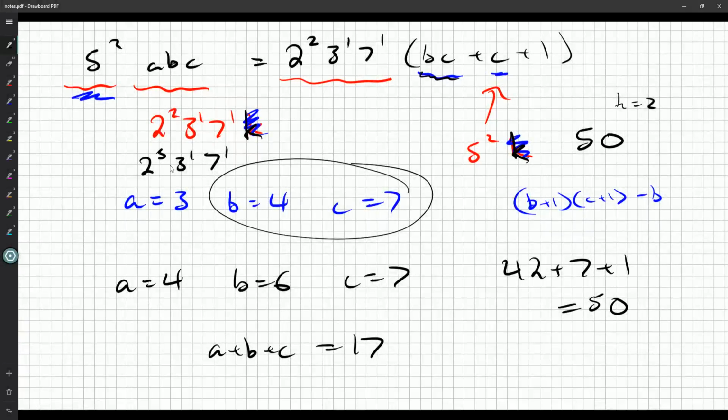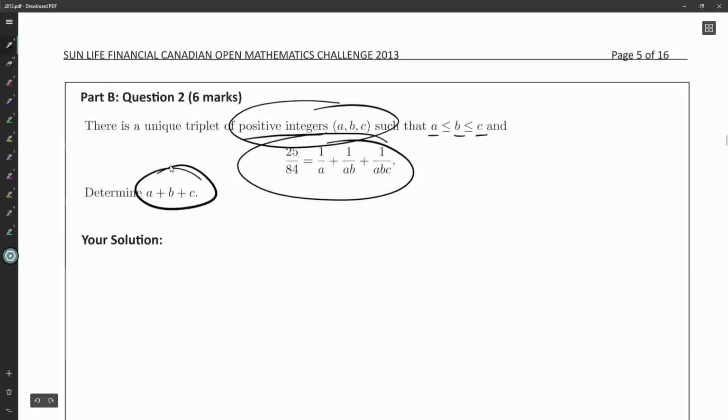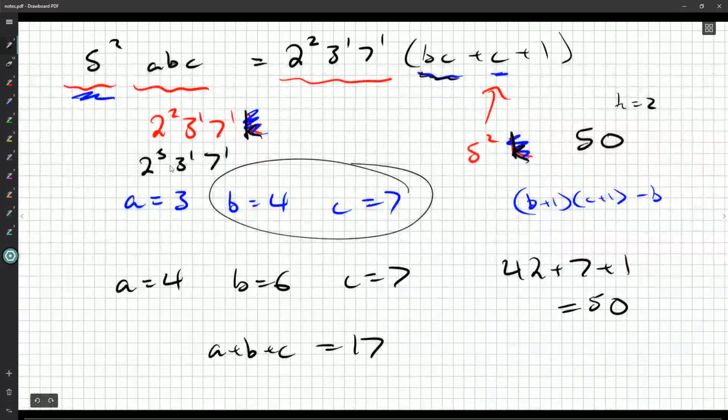Now, you could do other things, like you might be able to find a way to restrict it and say, well, you know, a has to be in this range or something to that effect. But I think the reasoning that I gave while I was doing the question sort of made it clear how I was going about it.